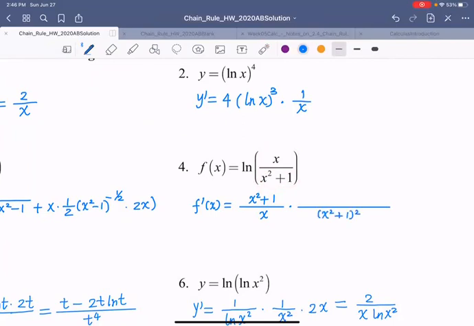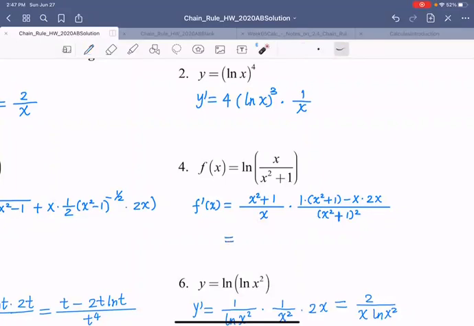This guy's derivative is just 1 times x squared plus 1, and minus, you subtract, this guy copied down, x, times this guy's derivative, which is 2x. Good.